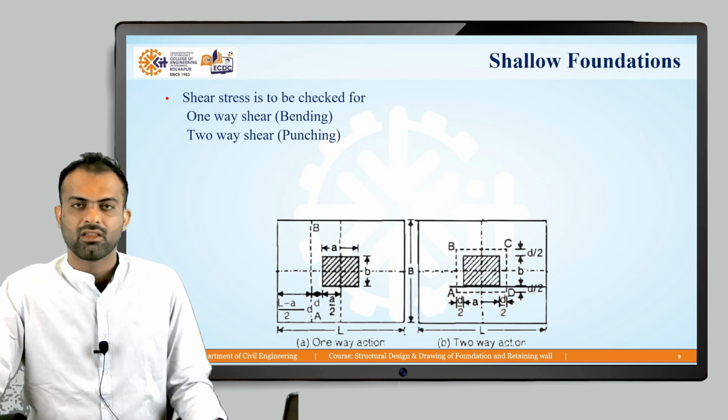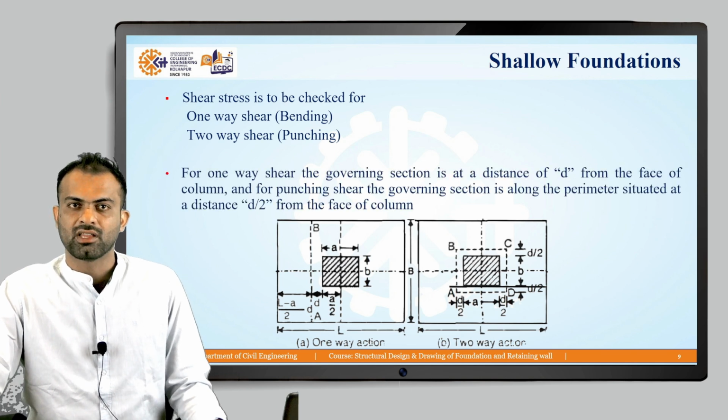The same we have put in the wording also. For one-way shear, the governing section is at the distance d from the face of the column, and for punching shear, the governing section is along the perimeter at the distance d by 2 from the face of the column. Here we are going to use the area as perimeter into depth.